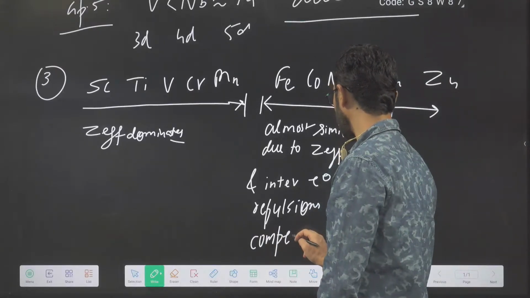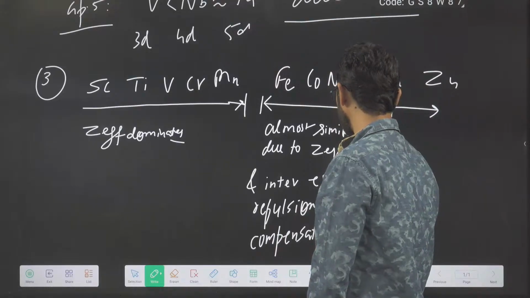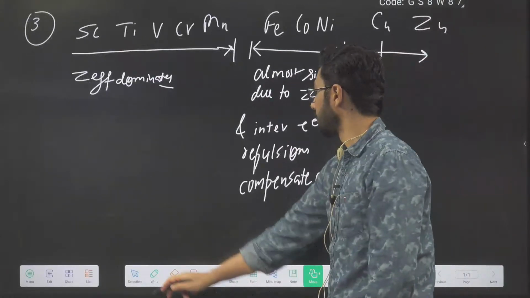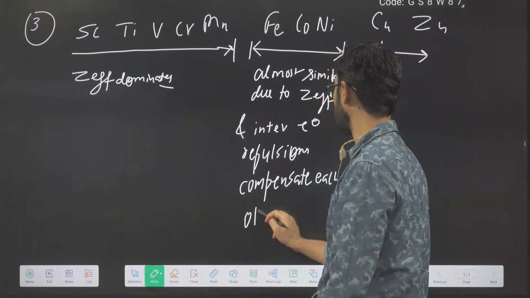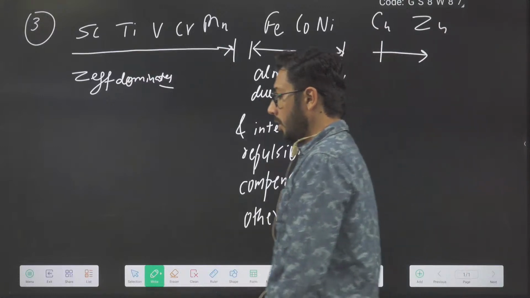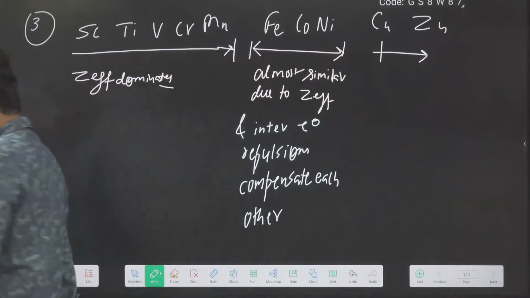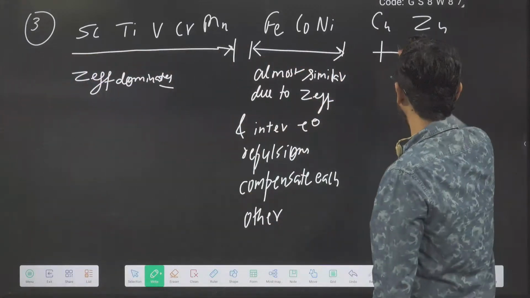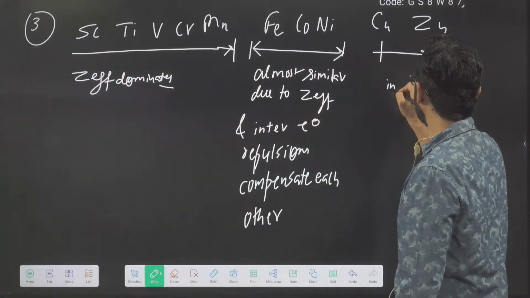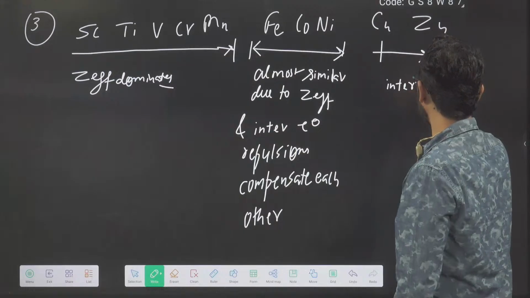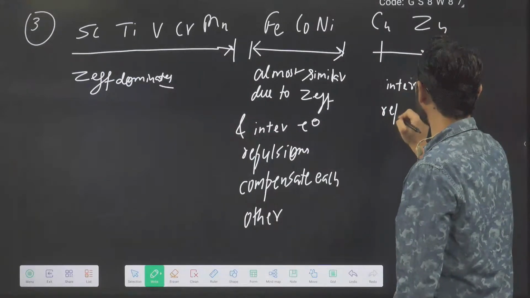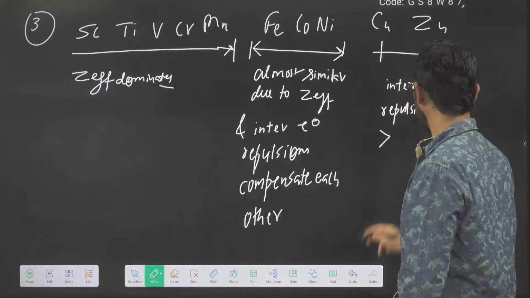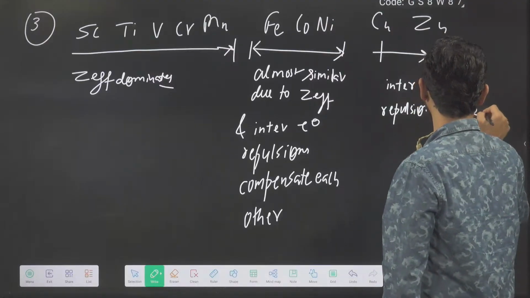Compensating each other, and here inter-electronic repulsions dominate over Z effective.